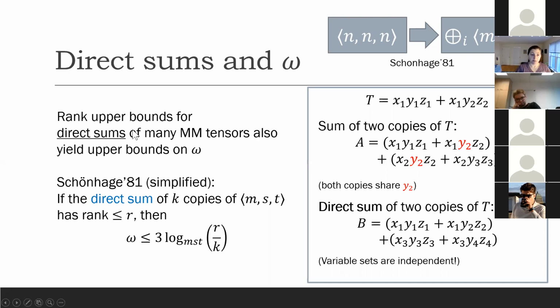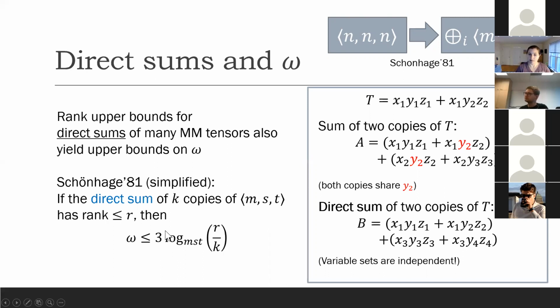All right, Schönhage showed that if you can upper bound the rank of a direct sum of many matrix multiplication tensors, you can also bound omega. This is a bit simplified; he showed something more complicated. If the direct sum of k copies of the same matrix multiplication tensor has rank at most r, then when you bound omega, you get to divide this rank by k, the number of copies.